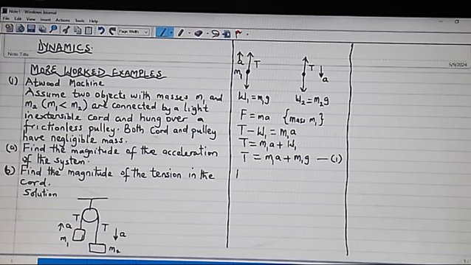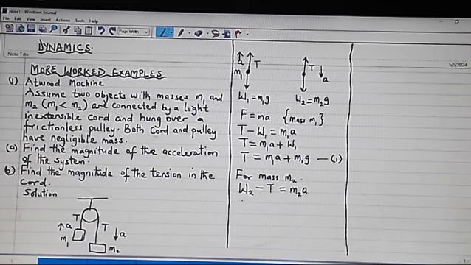So let's consider the case of mass 2, that's the second mass M2. Now we are pulling downwards because M2 is greater than M1. So because we are pulling downwards, it implies that the weight of M2 is greater than the tension in the string. So for M2, we'll say W2 minus the tension is equal to M2A.